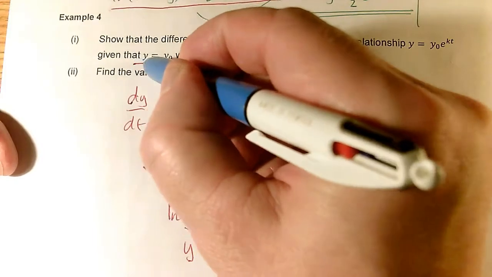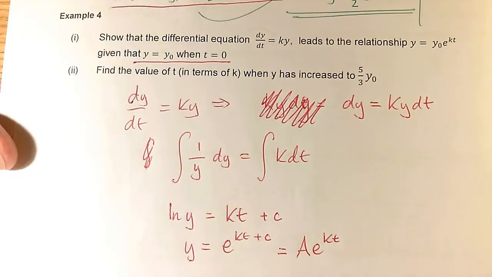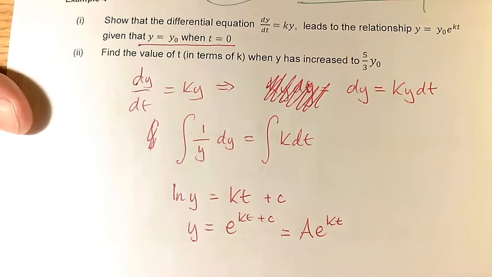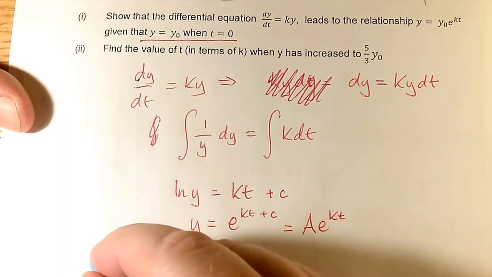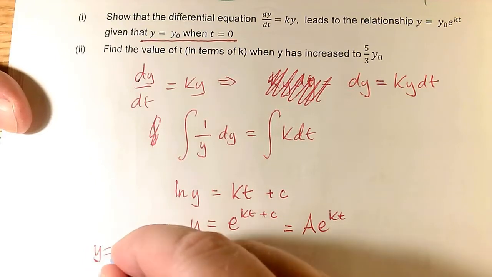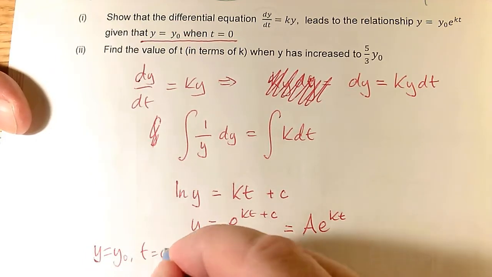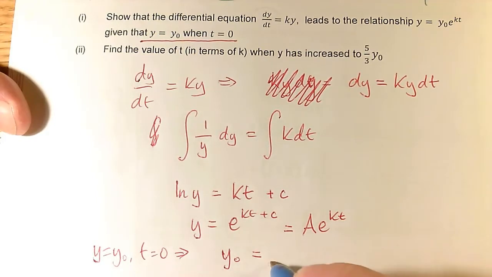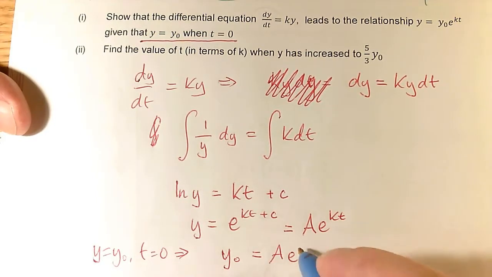Well, they're telling me that y equals y naught when t equals 0. So I've got a value of y naught. It's an algebraic value, it's a letter, but it's still something to plug in. So if I plug in y equals y naught and t equals 0 into this, I get y naught equals a e to the k, whatever that is, times 0.